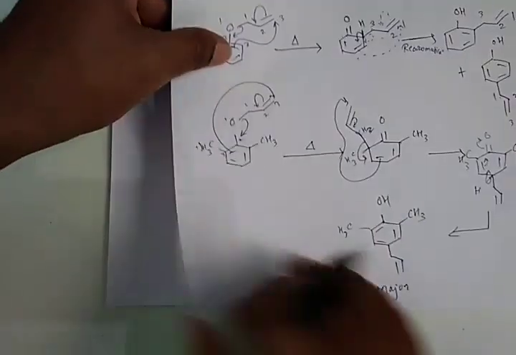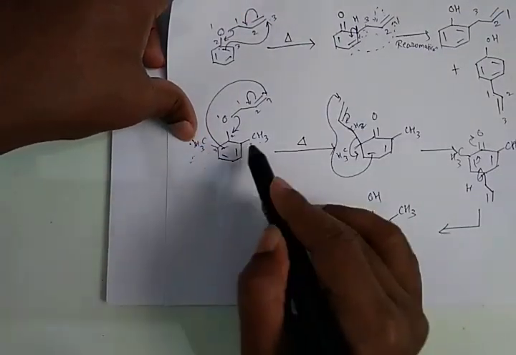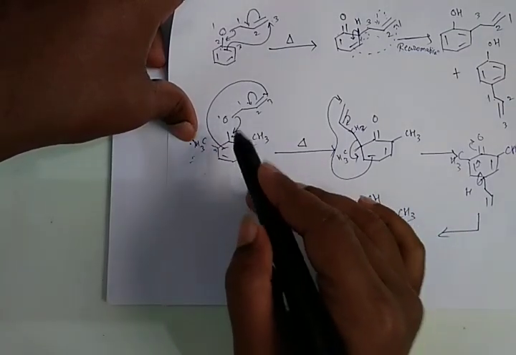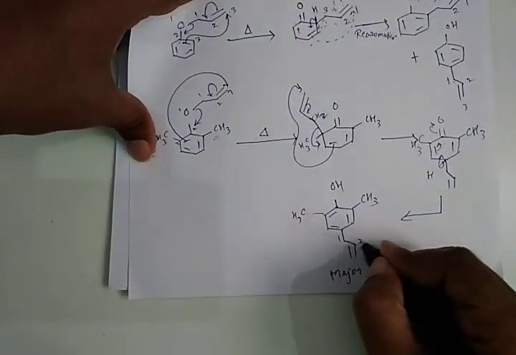And what if all the positions are blocked? This is the case if both of the ortho positions of your phenol or oxygen are blocked, then you will get a para product, and the numbering would be in this manner.